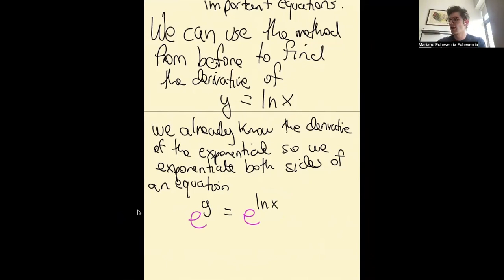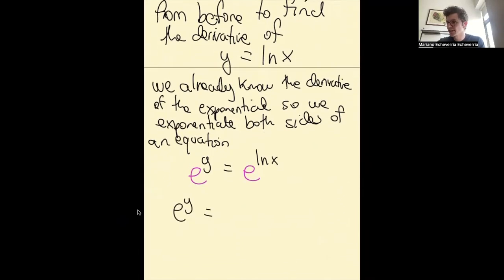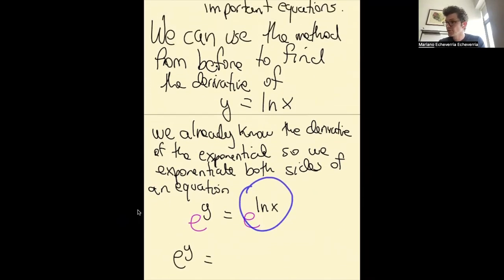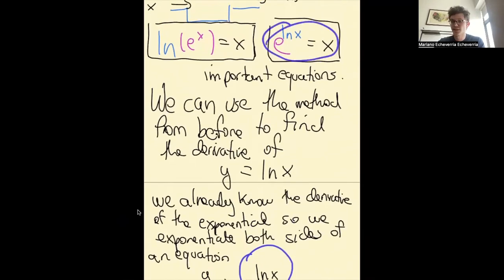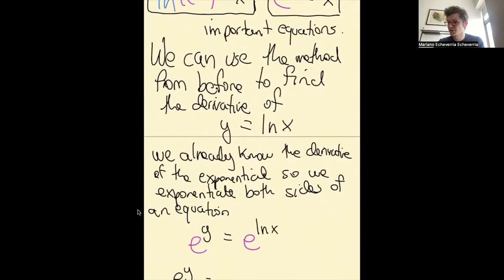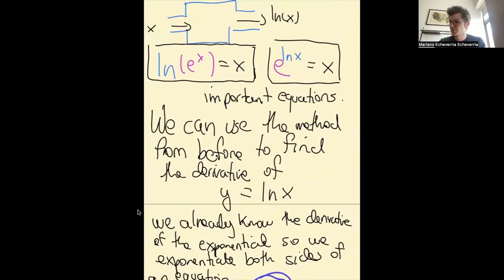But then e to the y is just e to the y. We don't really know that. But what is e to the ln of x? If you remember, whenever an exponential sees a logarithm, they kill each other. They kind of disintegrate.